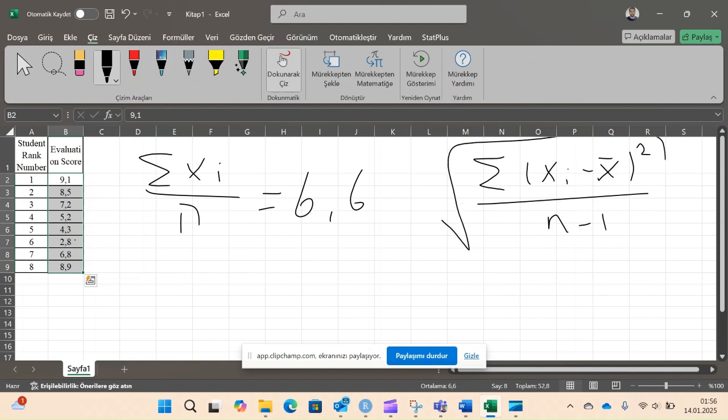If you do not take the square root, it's the variance. If you take the square root, it's the standard deviation. So this is the formula. Based on that formula, you can calculate the standard deviation of those variables.